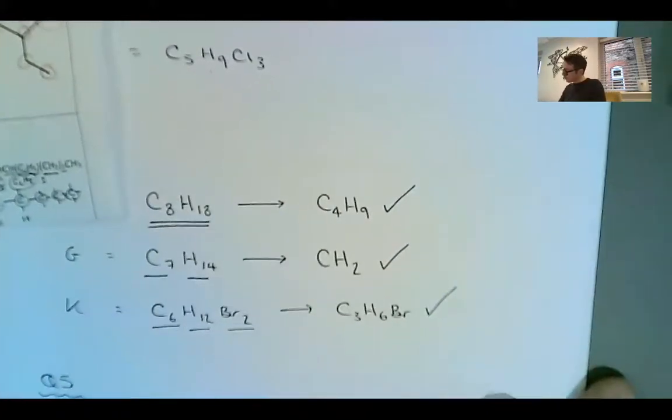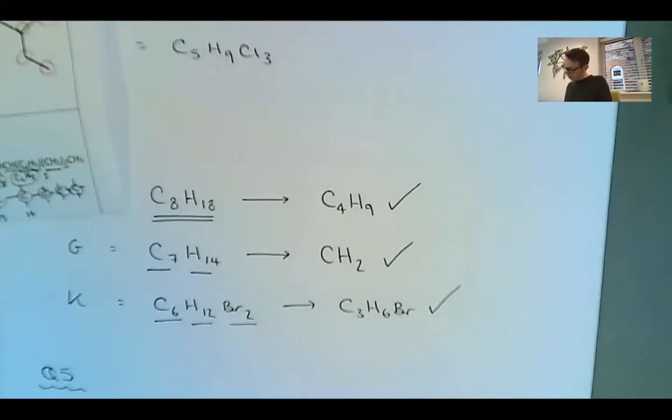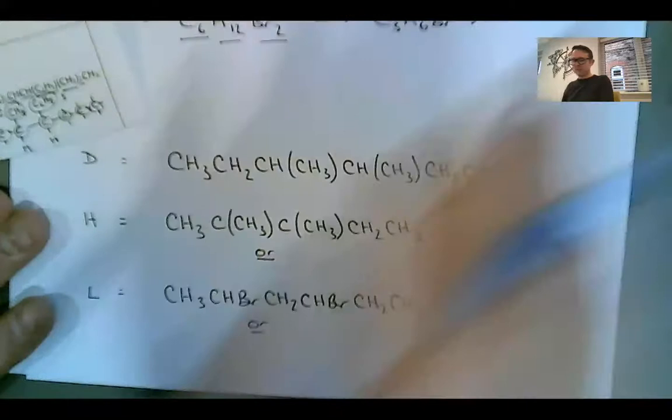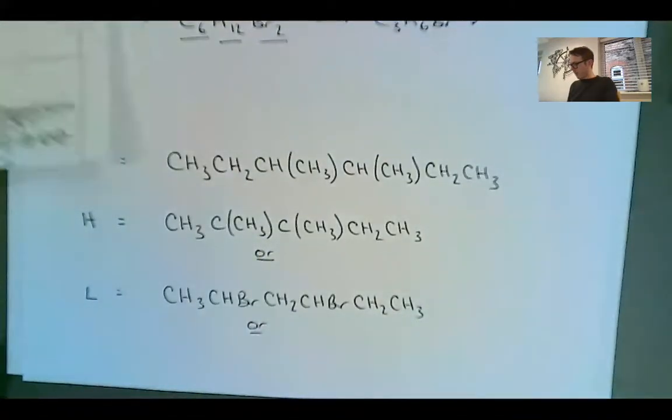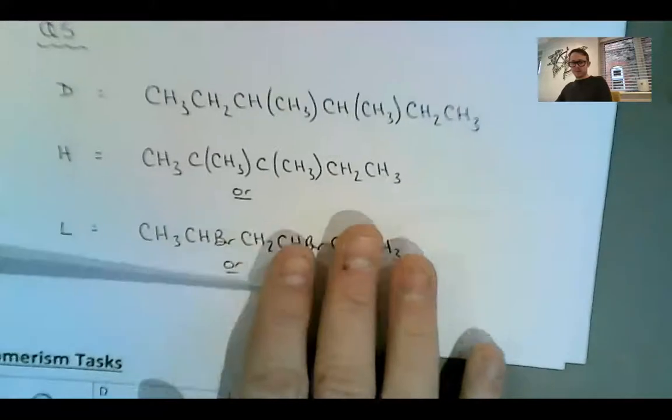Okay. Question 5, give the structural formulae of D, H, and L. Right, so this is the main question where there are alternative answers available. So in molecule D, what's the best way to get this here? Let me shift that up there a second.